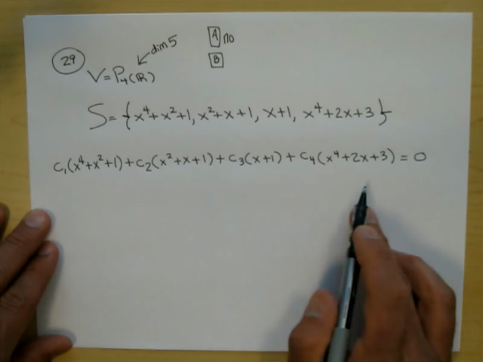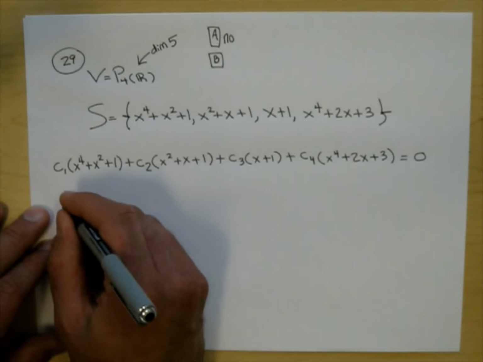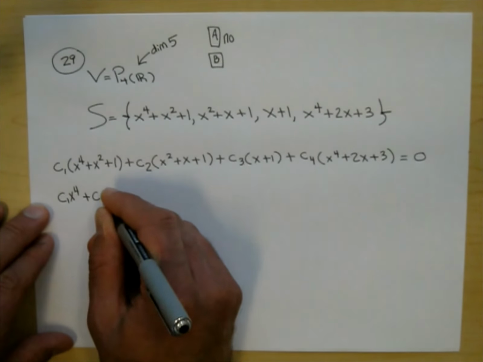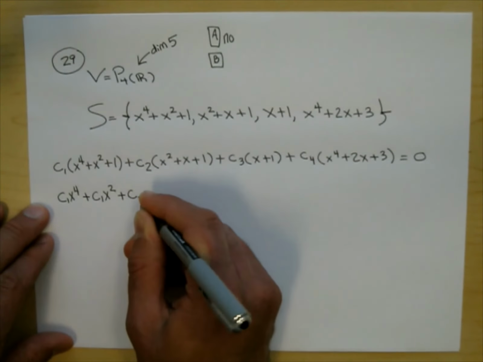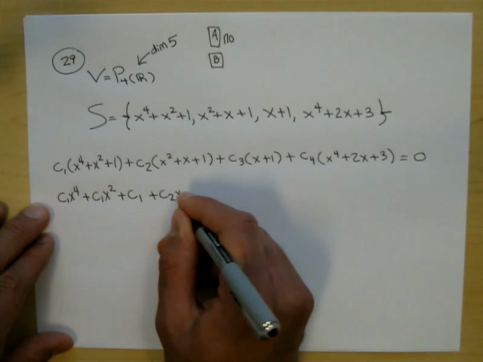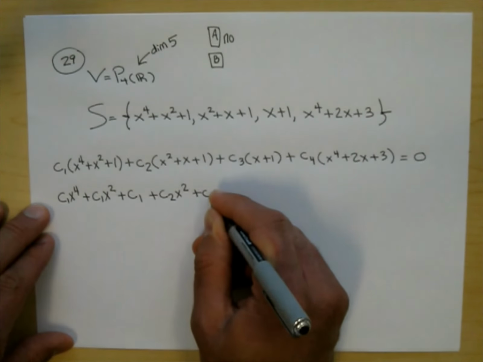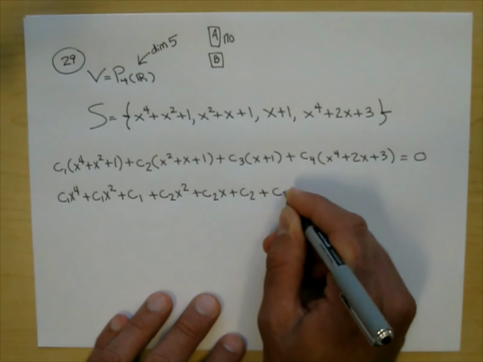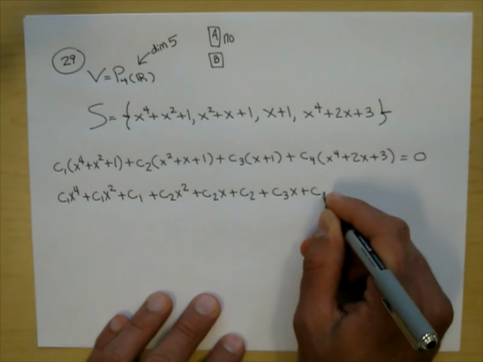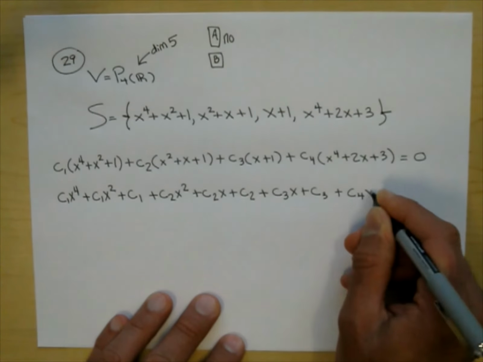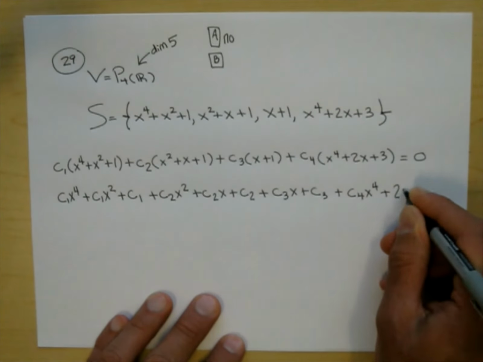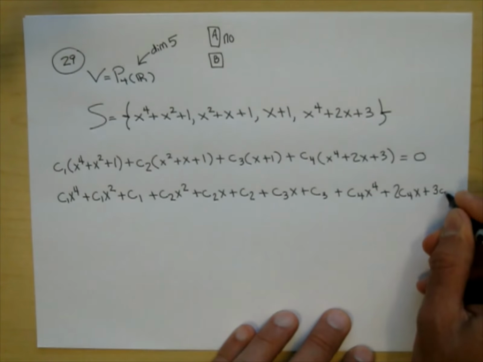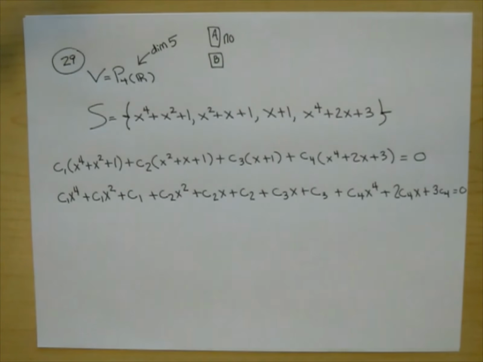I'm going to distribute the Ci's, so this is kind of like the last problem. C1 x to the fourth plus C1 x squared plus C1 plus C2 x squared plus C2x plus C2 plus C3x plus C3 plus C4 x to the fourth plus 2C4x plus 3C4 equals 0.